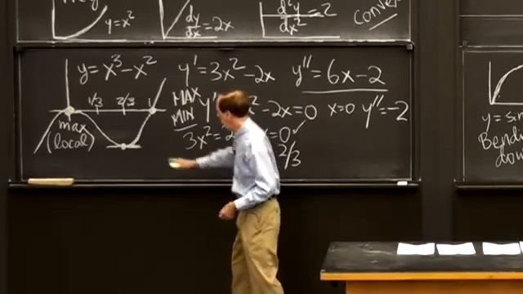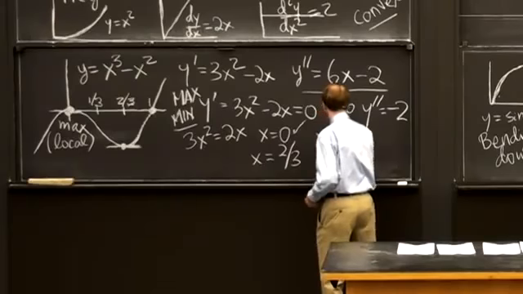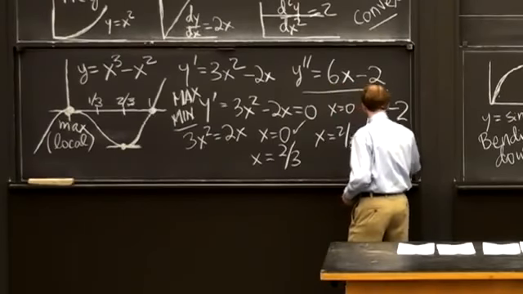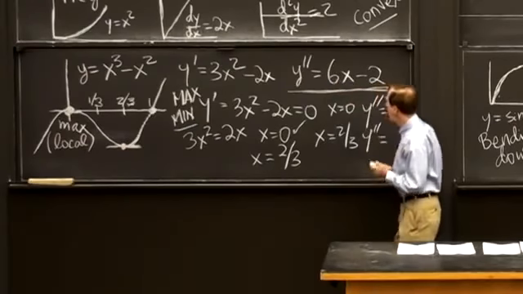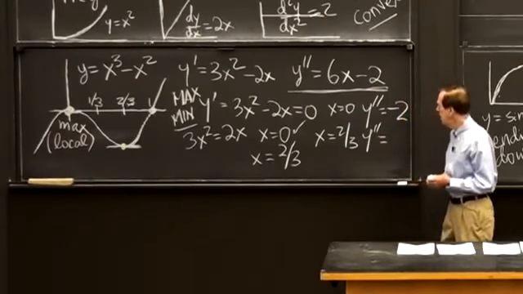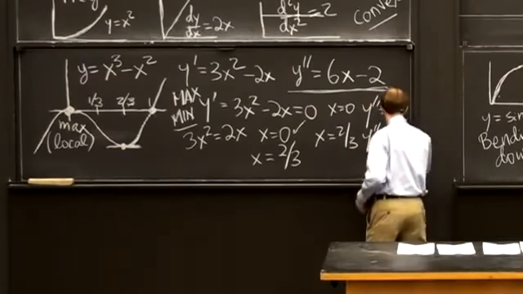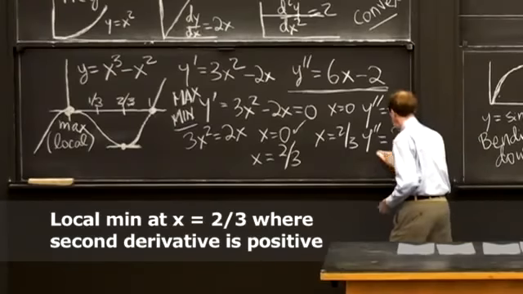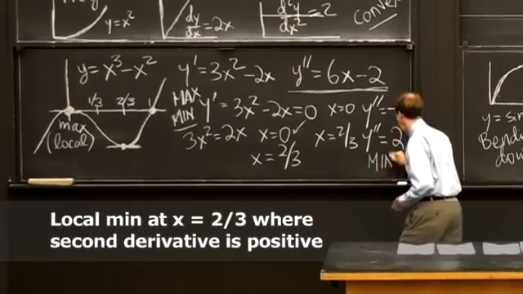What about the other one? What about at x equal 2/3? At that point, y double prime, looking at my formula for y double prime, is what? 6 times 2/3 is 4, minus 2 is plus 2. 4 minus 2 is 2. So this is positive, so I'm expecting a min.